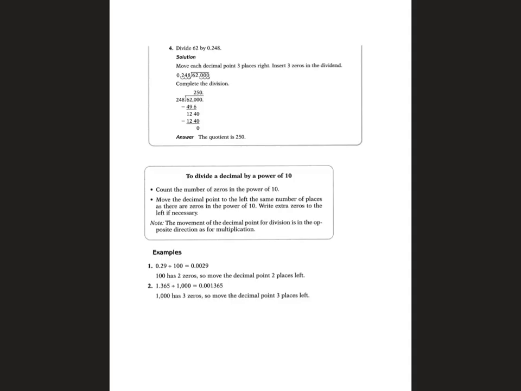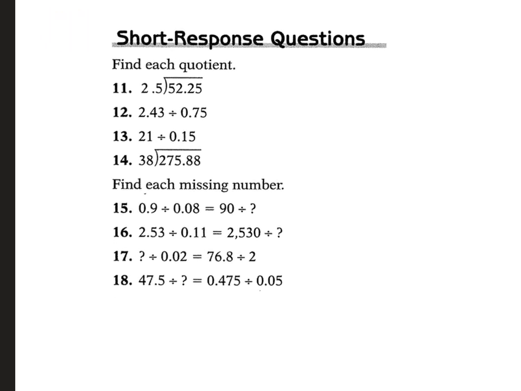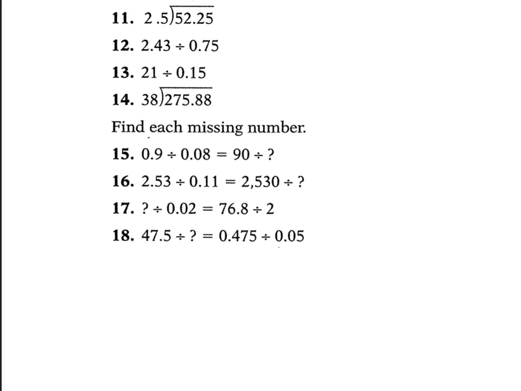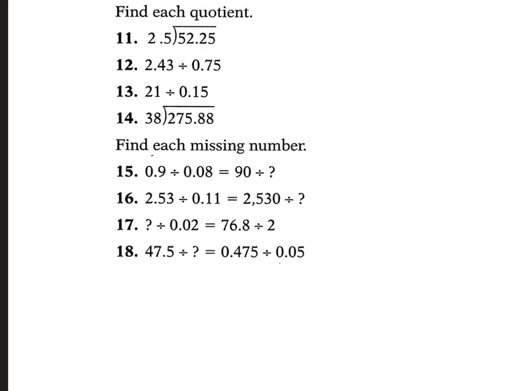So if we look at examples that are not done for us, for 11, we have 52.25 divided by 2.5. So I'm just going to move this down here and rewrite it.